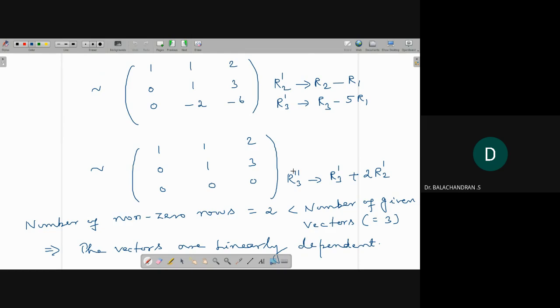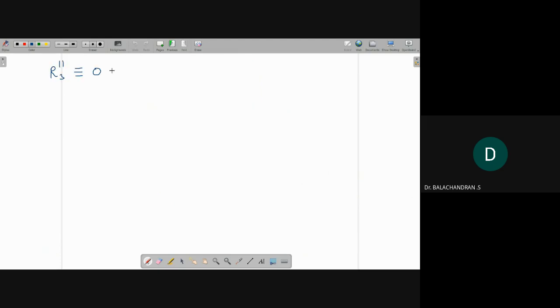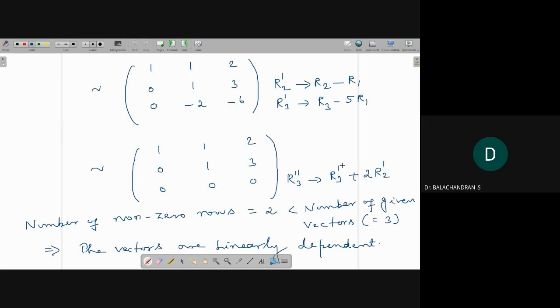But R3 double dash you can write as R3 dash plus 2R2 dash. But R3 dash is equal to R3 minus 5R1.